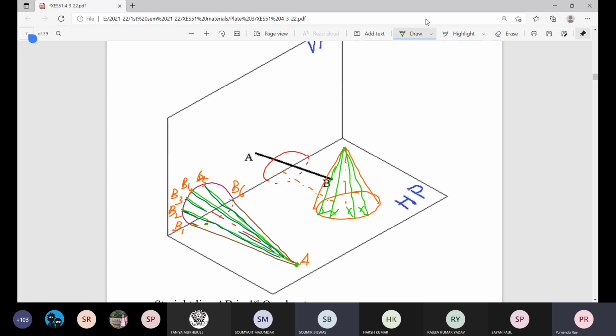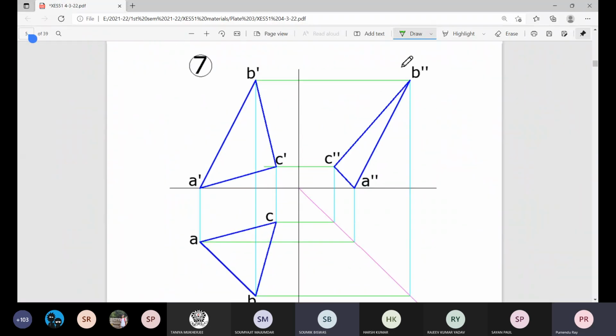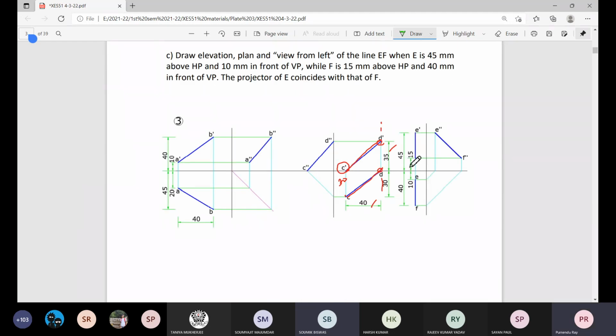And special clue is that the other end is located on the vertical plane. So whatever may be the position of B, it is definitely on the vertical plane, and its plane will be on the ground line itself. So that thing is considered for that second problem. This one.